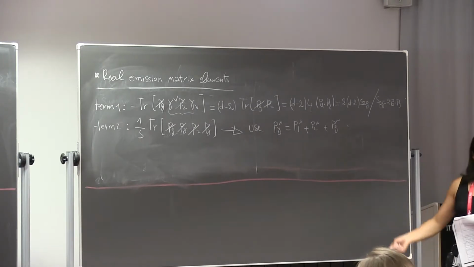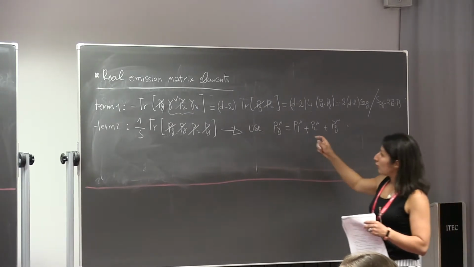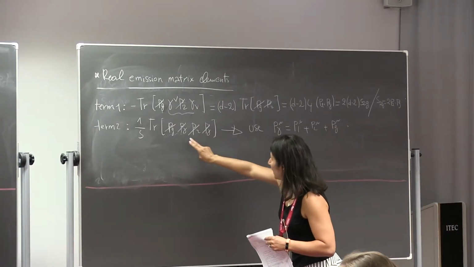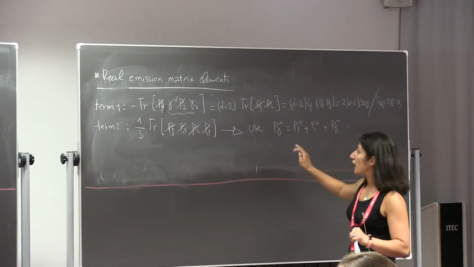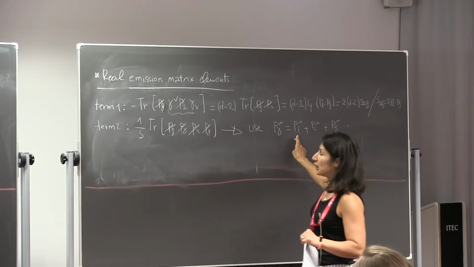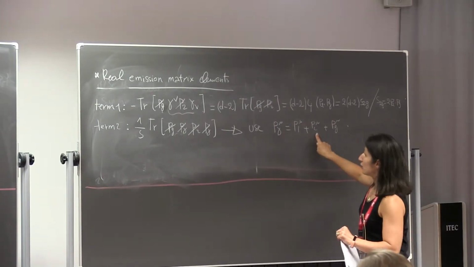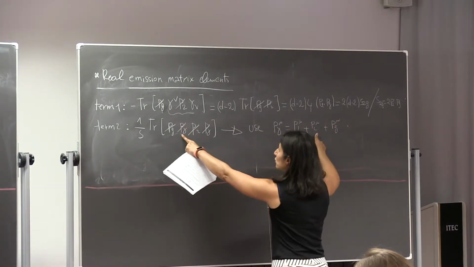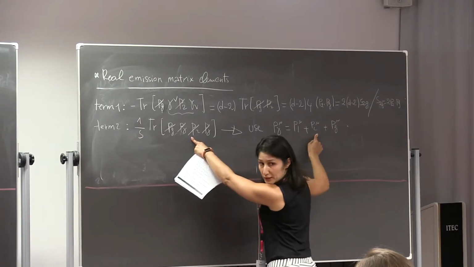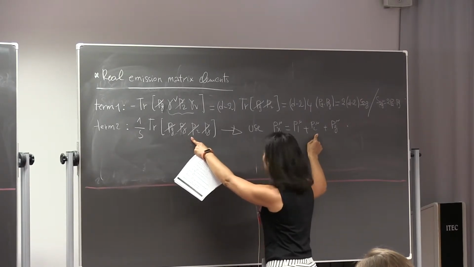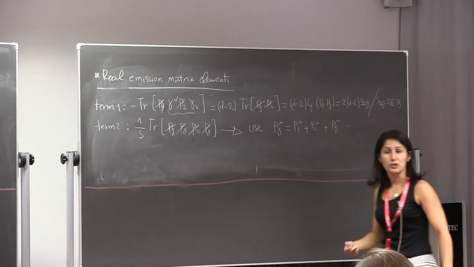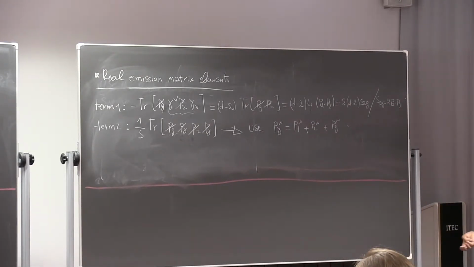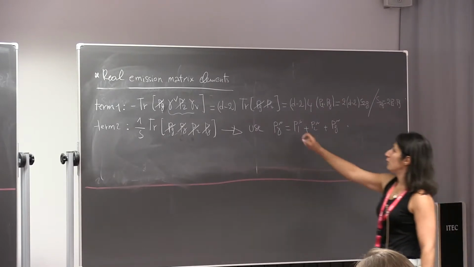Now if I take this and plug it in here for P gamma, you could see that the only term that's going to survive is the one coming from P1 mu, because P2 slash times P2 slash is P2 squared, that's 0. PG slash times PG slash is PG squared, which is also 0.